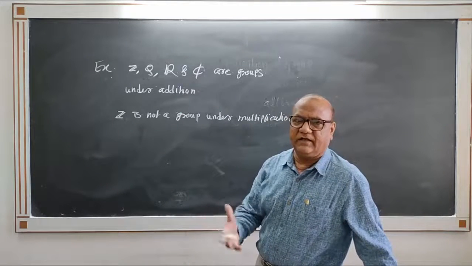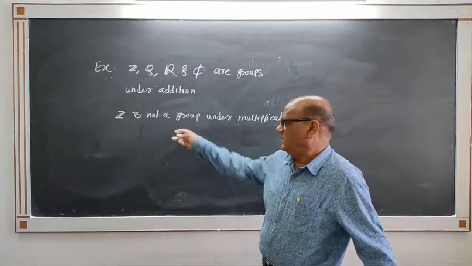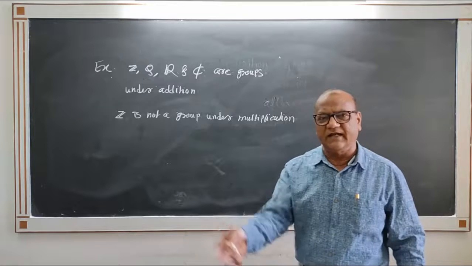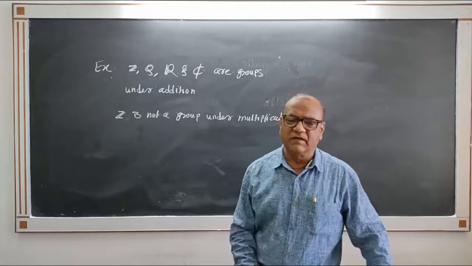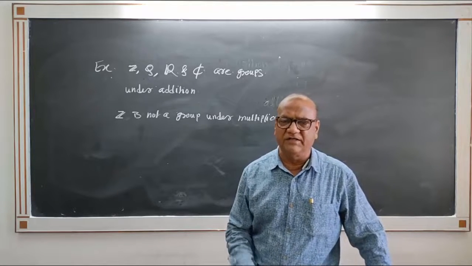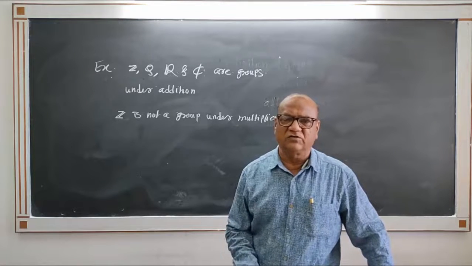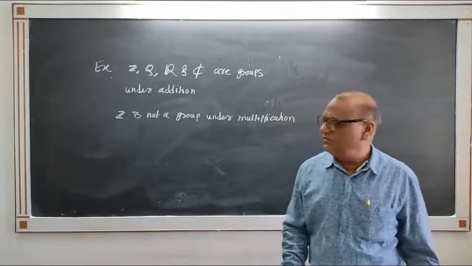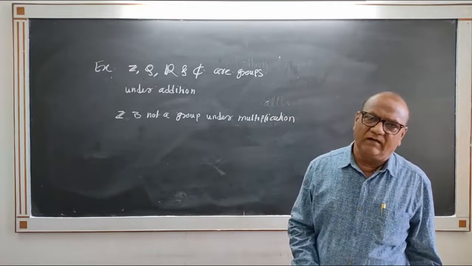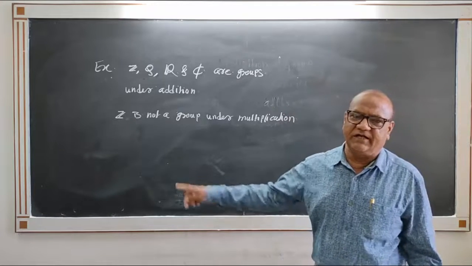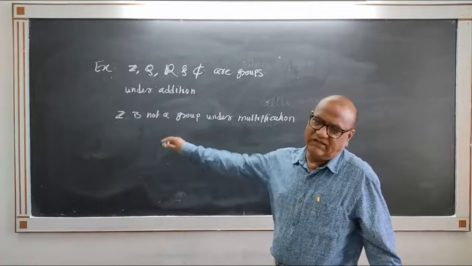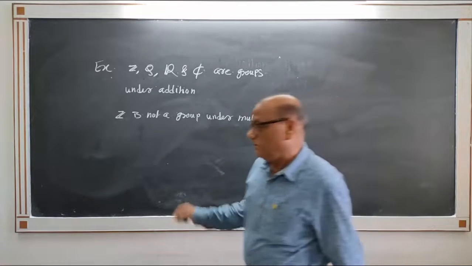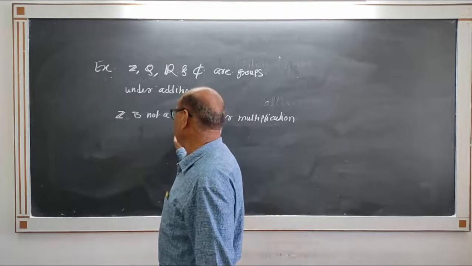That means if you take any two elements from Z, that means any two integers, product of any two integers is again an integer. That means multiplication is a binary operation in Z. Associative also is satisfied by multiplication. As usual, multiplication is always associative. 1 is an identity element in Z for multiplication, but inverse of each element does not exist.